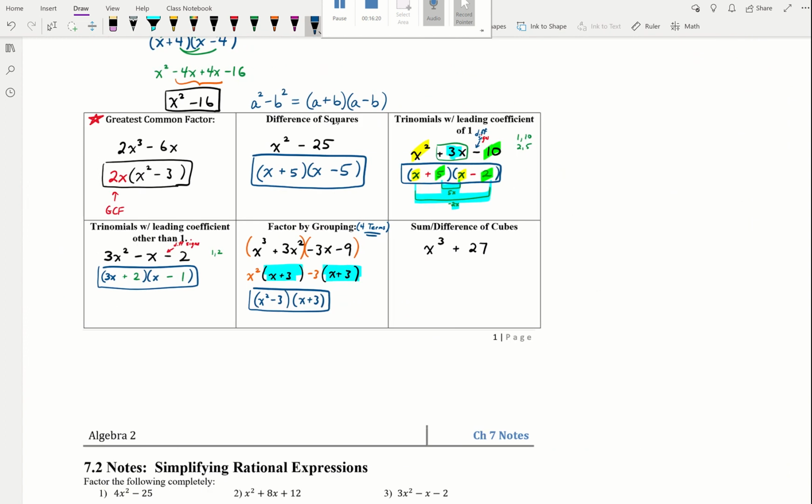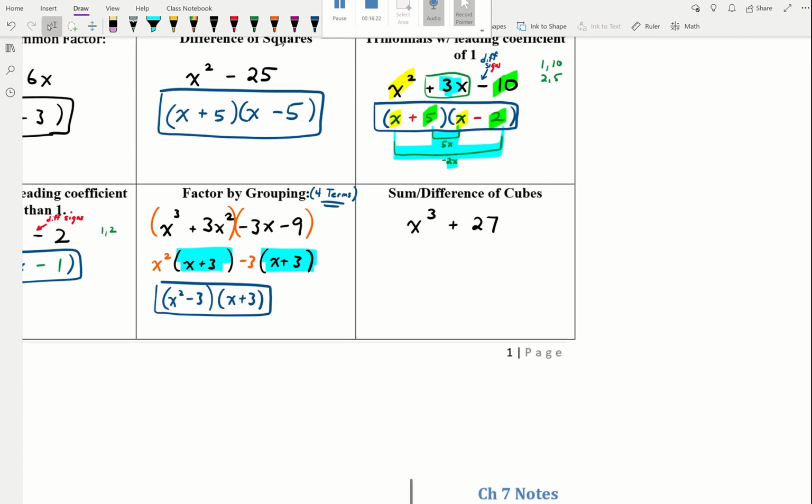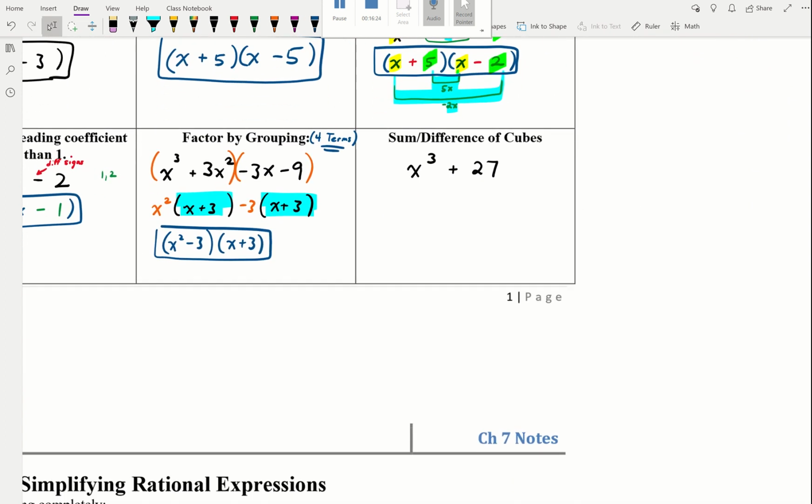All right, last one is the sum and difference of cubes. Now, when this was taught, you learned a couple formulas. So with perfect cubes, it doesn't matter if it's plus or minus. So a cubed plus b cubed or a cubed minus b cubed. Those both will factor.